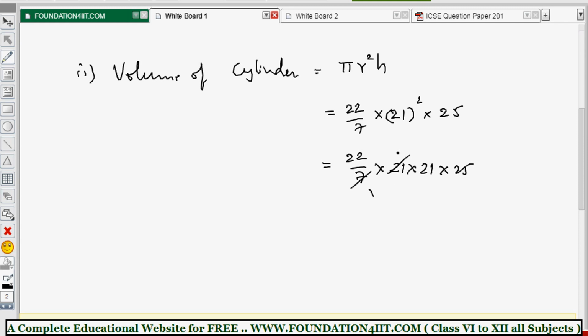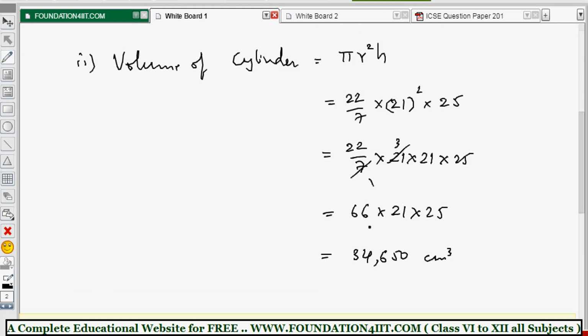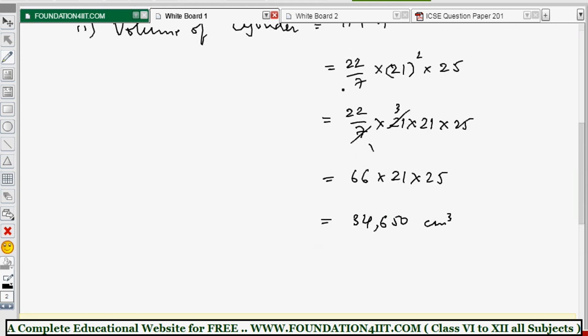So 7 ones are 7, 7 threes are 21, 22 into 3 is 66, into 21 into 25. These three numbers you multiply, and you will get the volume of the cylinder, that is 34,650 centimeters cube, because it is a volume. So the radius of the cylinder is 21 and the volume of the cylinder is 34,650, right?